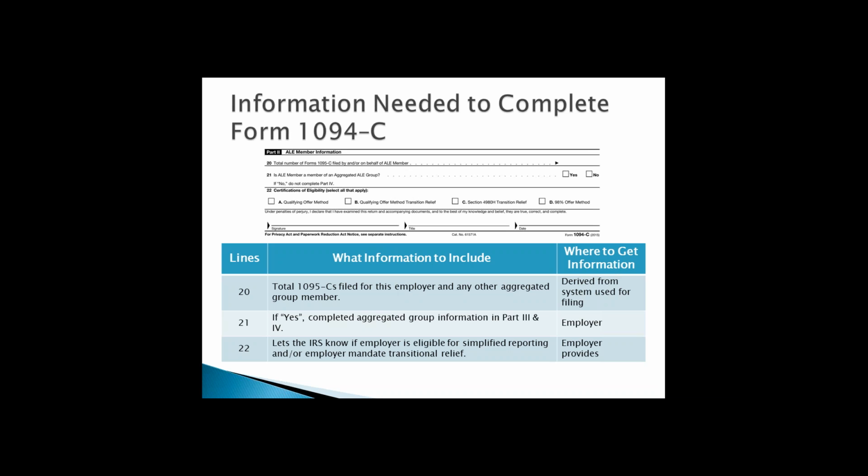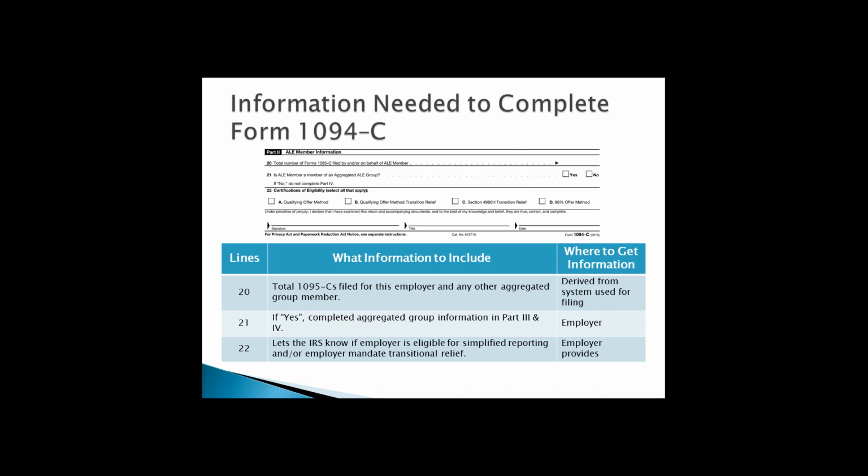Box A is the qualifying offer method. In order to be eligible for this method, an employer must certify that it made a qualifying offer to one or more of its full-time employees for all months during the year in which the employee was a full-time employee for whom an employer shared responsibility payment could apply.